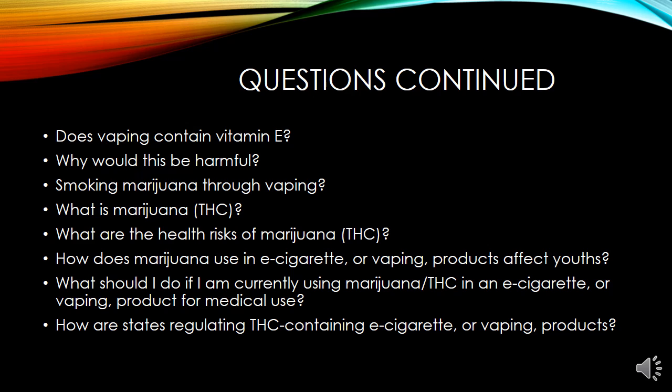How does marijuana use and e-cigarette or vaping products affect youth? Marijuana use, including through use of e-cigarette or vaping products, can impact your health. Regardless of the substance used, e-cigarette or vaping products should never be used by youth. Marijuana use can harm the developing and adolescent brain and impact attention, learning, and memory.